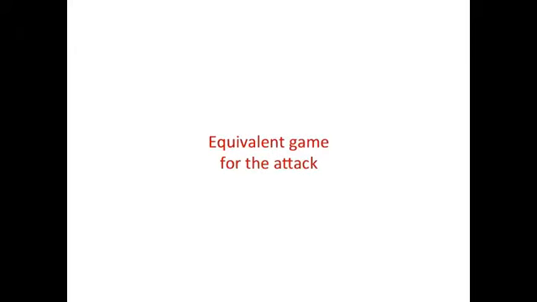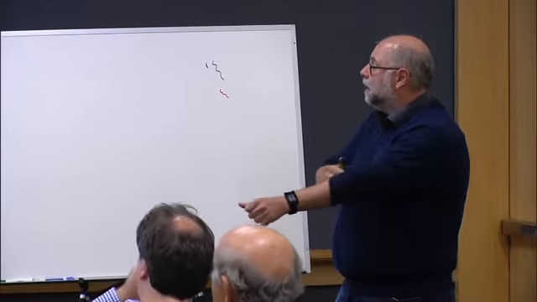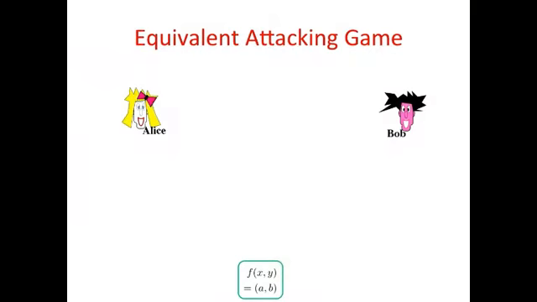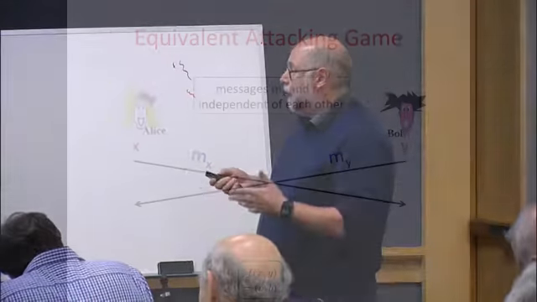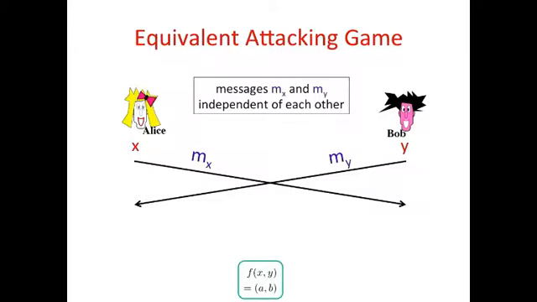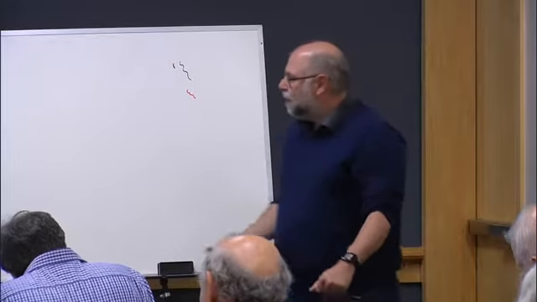Okay, so it will be useful to think about this problem as a game, which I call the attack game, which is the following. We have our Alice and Bob, and they get as input X and Y, and they have to compute f of xy, and they are allowed to send each other one message. This was the copying and send on procedure.